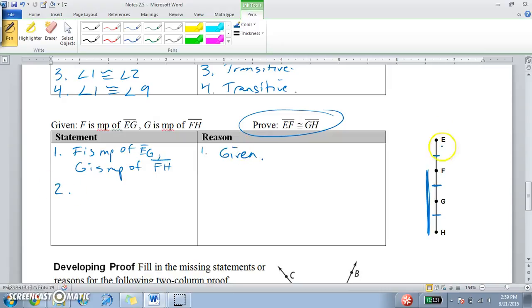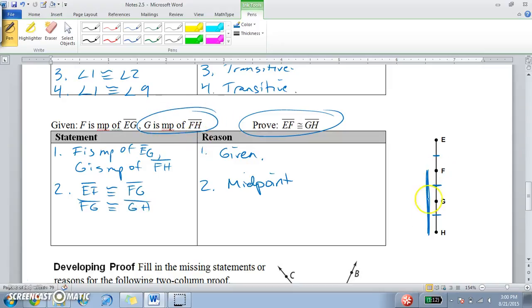Second, so like we said, EF must be congruent to FG, since F is the midpoint. So the reason is because it's a midpoint. F is a midpoint. Same thing as that. We've got FG congruent to GH, because it tells us G is the midpoint of FH. So those two segments are congruent to each other.